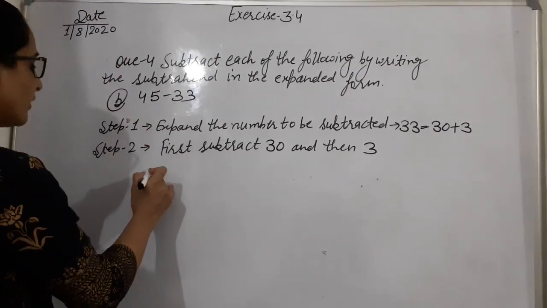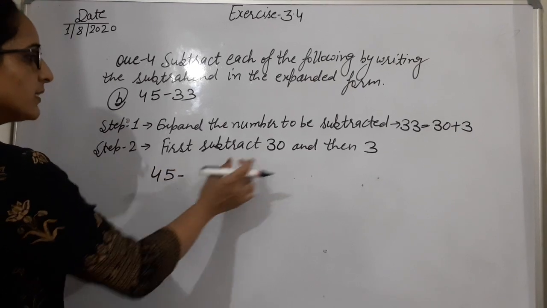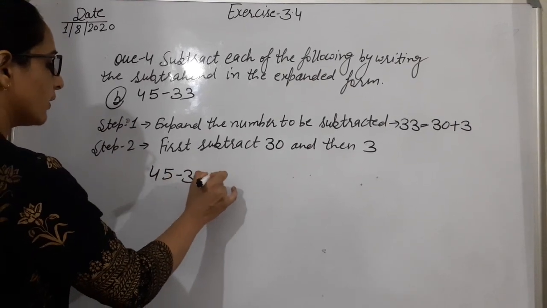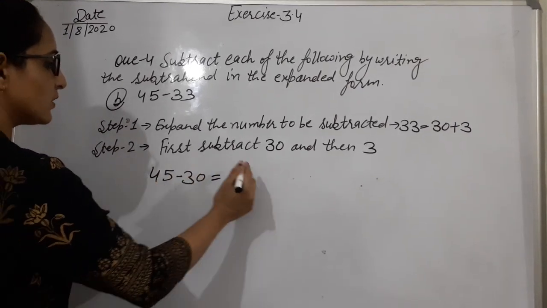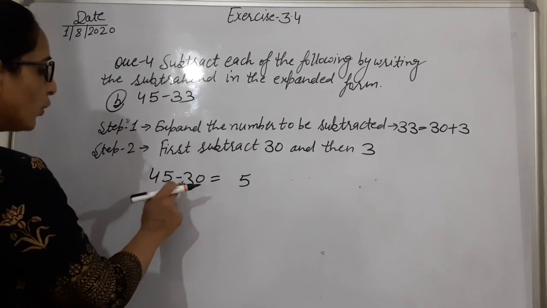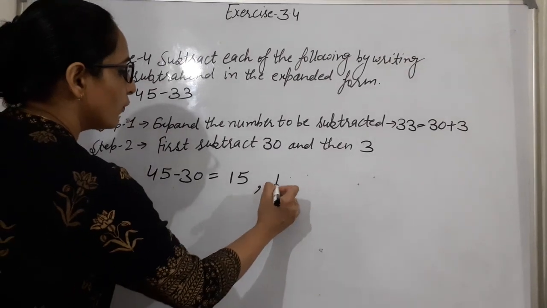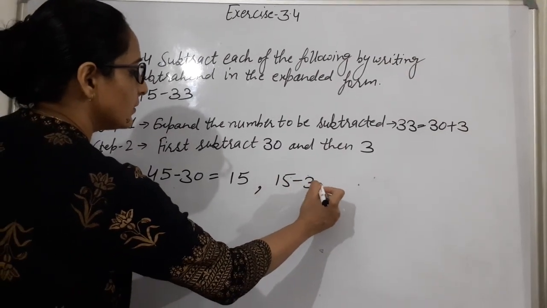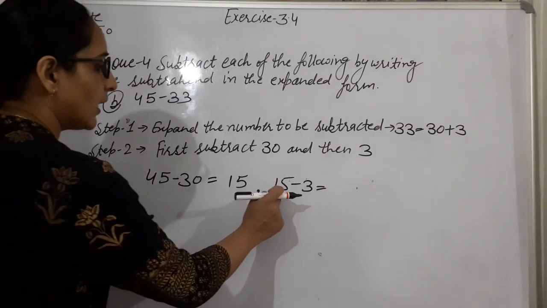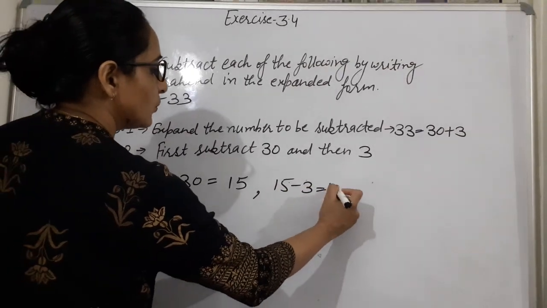So here is 45 minus 30: 5 minus 0 equals 5 and 4 minus 3 equals 1. We get 15. Now from 15 we subtract 3. Clear? Now the answer: 15 minus 3 equals 12.